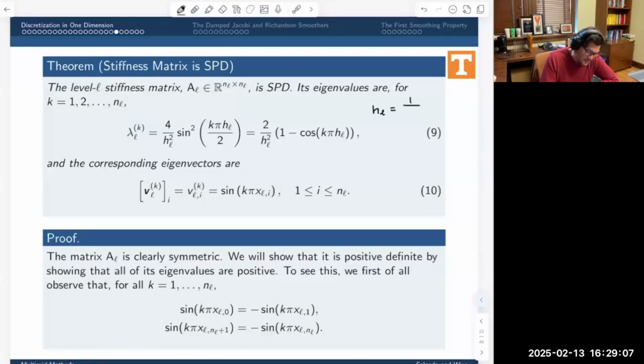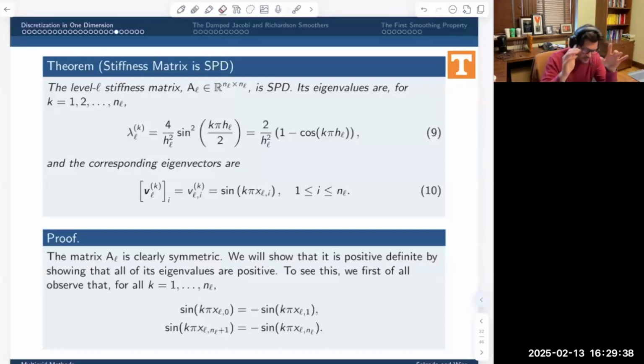We always decided to have HL be 1 over NL plus 1, if you remember. So NL was odd, but NL plus 1 was even, typically. Now we're going to do this differently, because in the cell-centered context, HL is always chosen as 1 over NL. The 1 comes from the fact that we're on the unit interval, 0 to 1. So that's one big change.